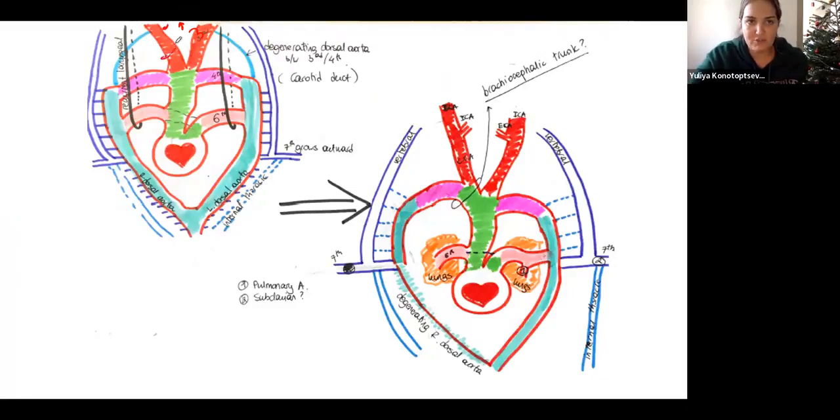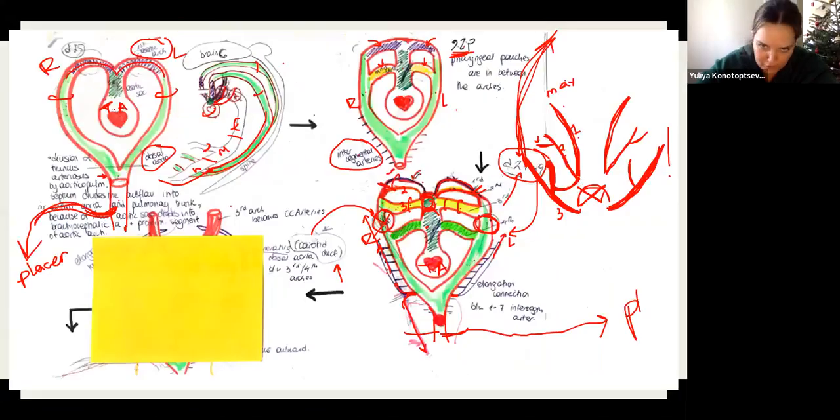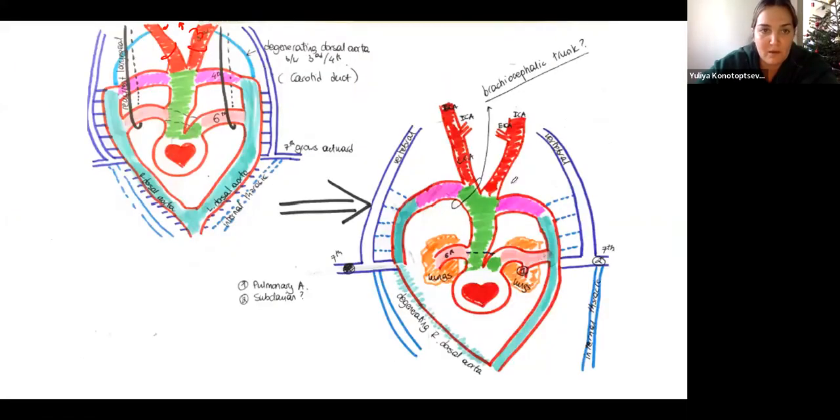Because third aortic arches are your common carotids. So somewhere up, you're going to see that the internal and external carotid arteries appear, and the maxillary or first aortic arch and hyoid or second aortic arch, they look for the connection to the external one.